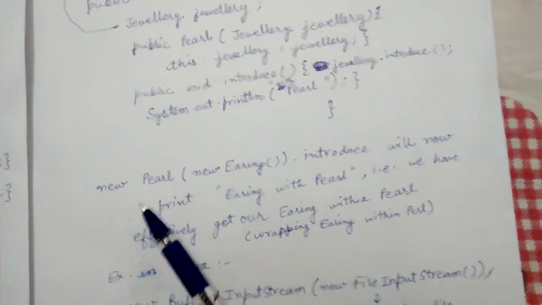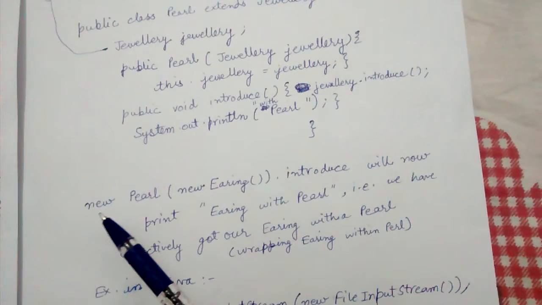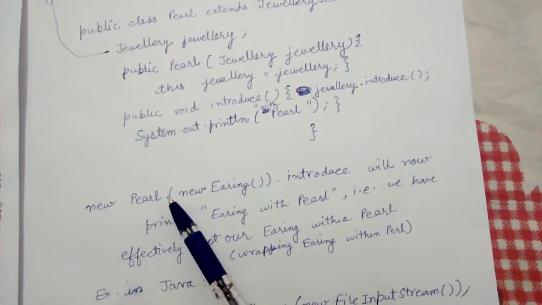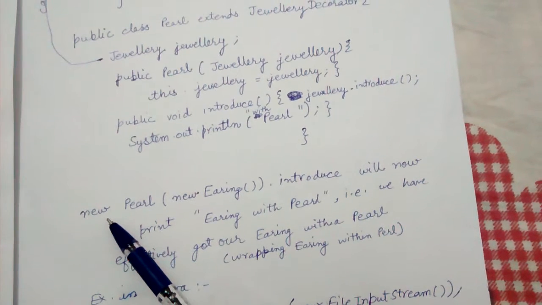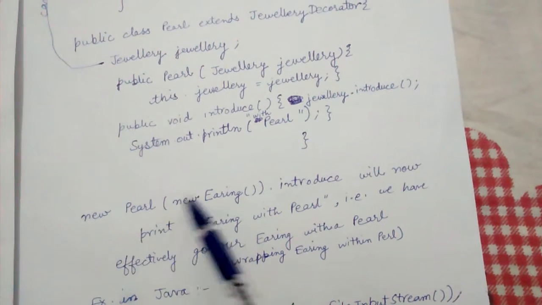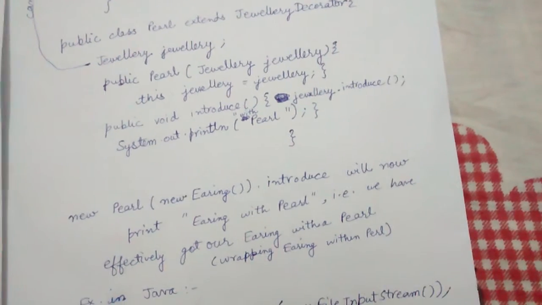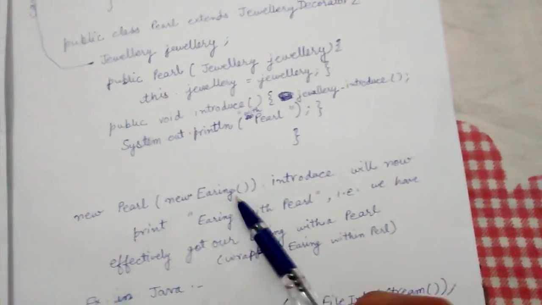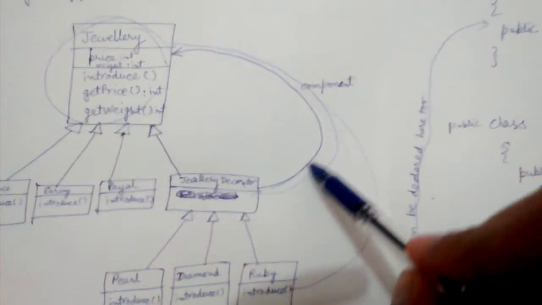So how will the client be calling this? If a client wants an earring with pearl, it will say new pearl. It will be passing a plain jewelry, that is new earring, to this jewelry decorator.